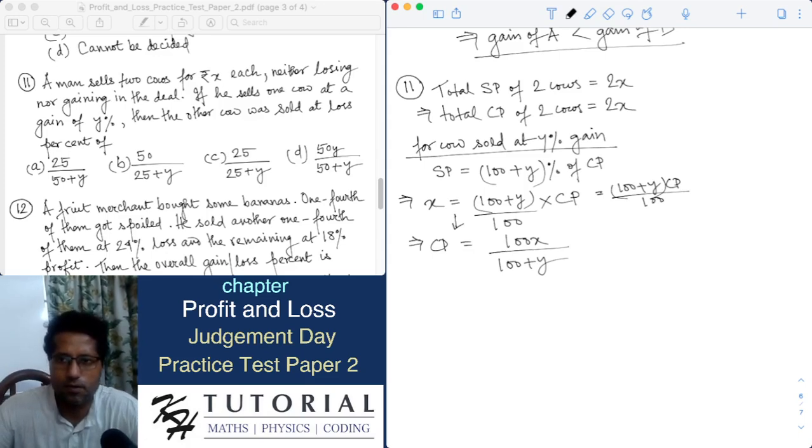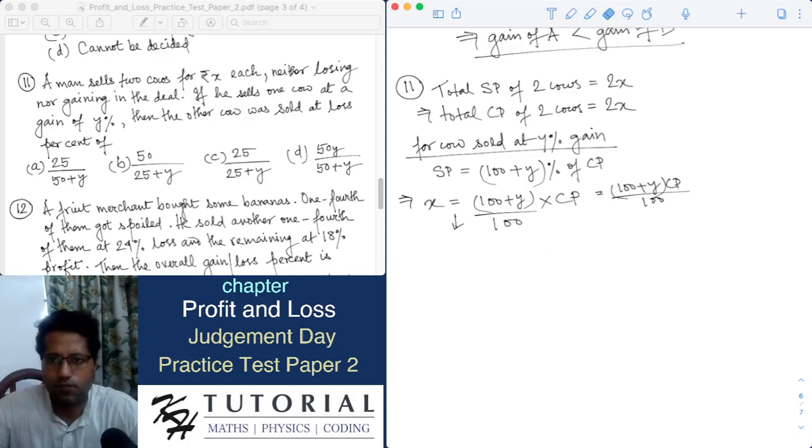Let me show it a little step by step if this is complex for you. If you do cross product, I get 100x equals 100 plus y multiplied by CP.